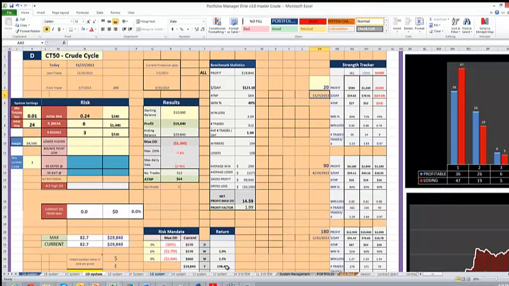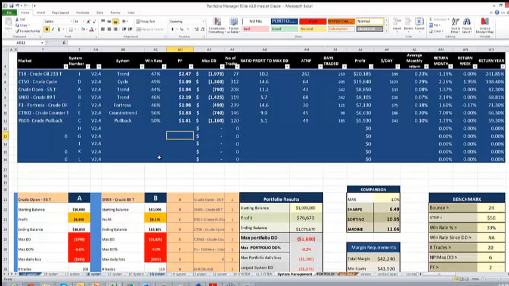I'll go to the system manager here. I've got a trending system, a cycle. I've got actually 3 trends, so I'm going to have to lose a couple of those or one of those. I've got the new Fortress strategy that we're testing at the moment, which is kind of a momentum system anyway. I've got the counter trend, which is the one that I've just described in that strategy.